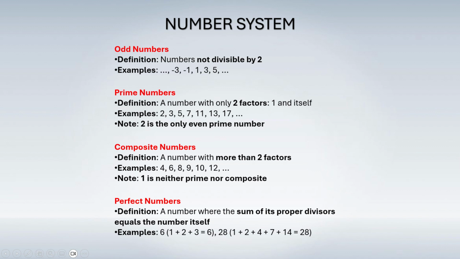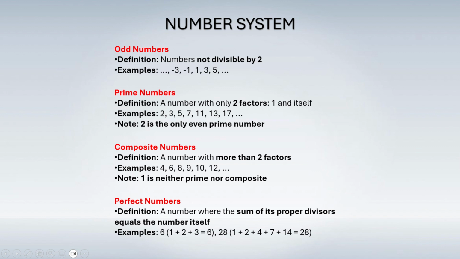Prime numbers. The numbers which have exactly two factors, which are 1 and the number itself, are called prime numbers. Example 2, 3, 5, 7, and so on. Composite numbers. The numbers that are not prime will come under composite numbers, which means it has more than two factors.